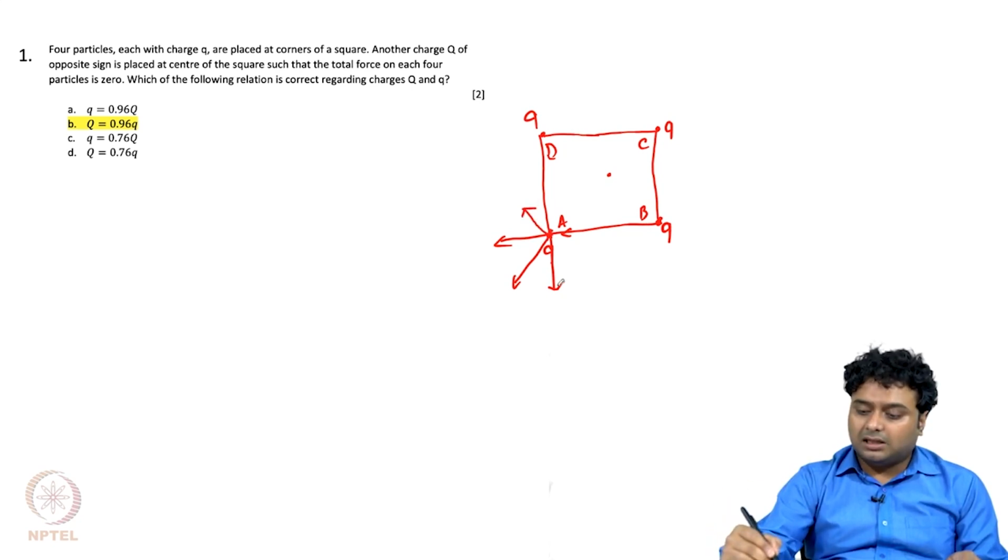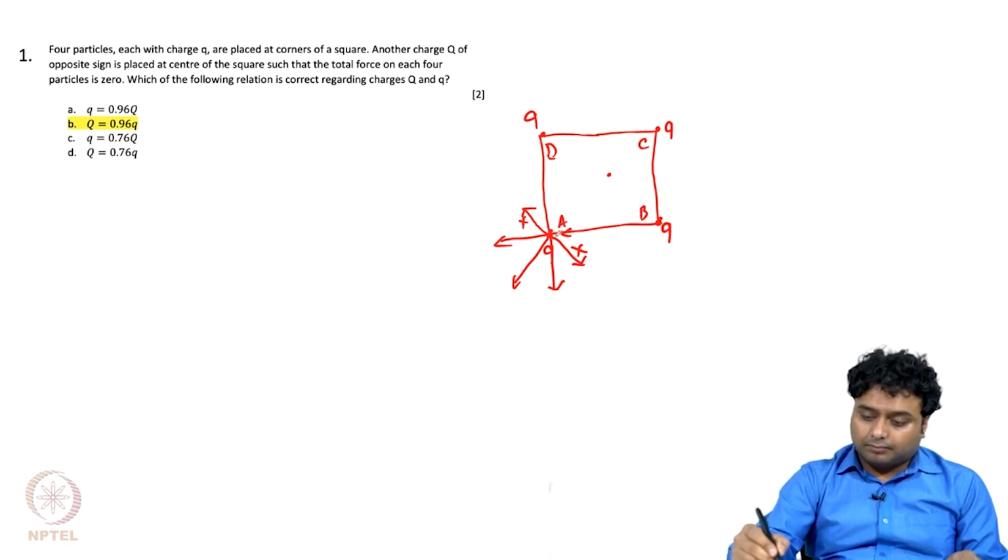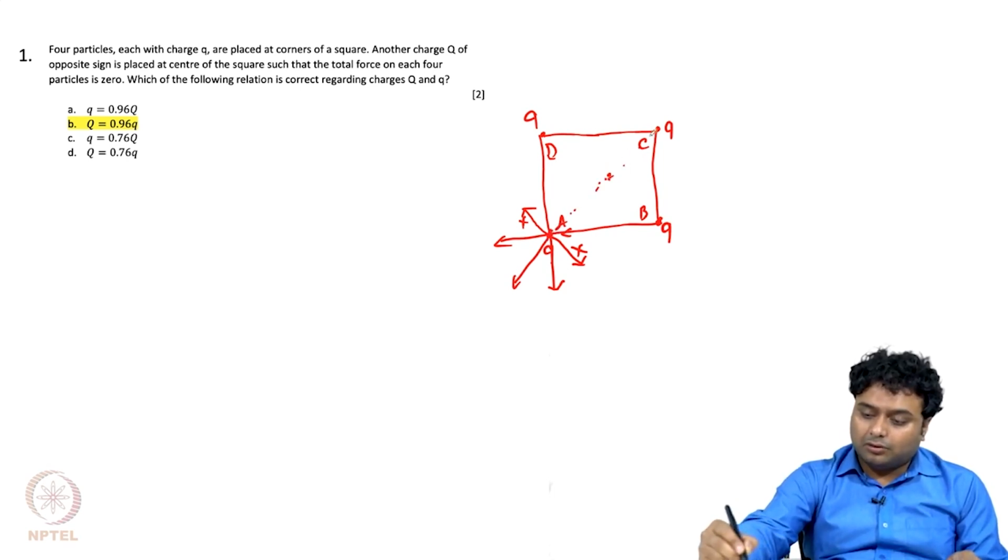Similarly this force also has 2 components, one component in exactly the same direction and another component in the opposite direction. So these 2 components cancel each other, and the 2 components along the diagonal will add up.